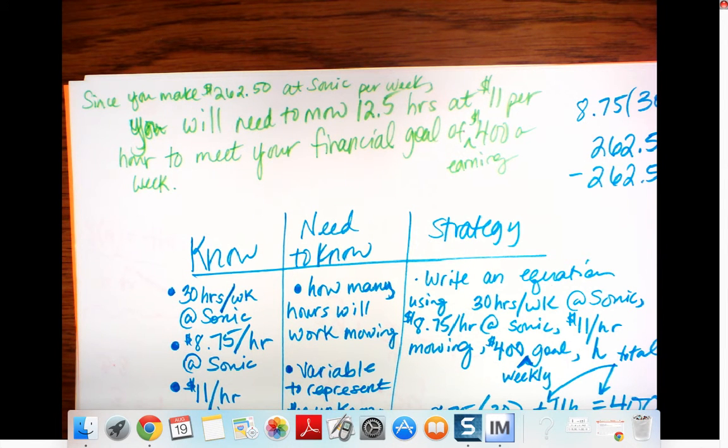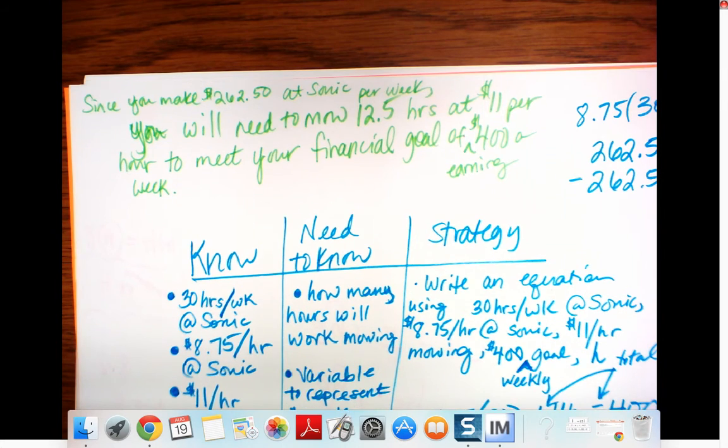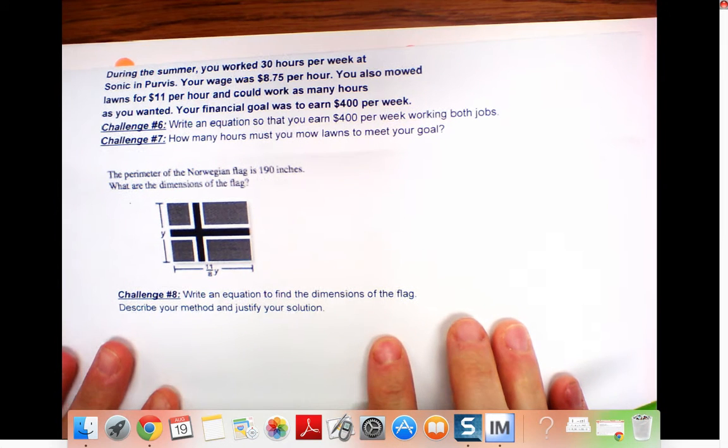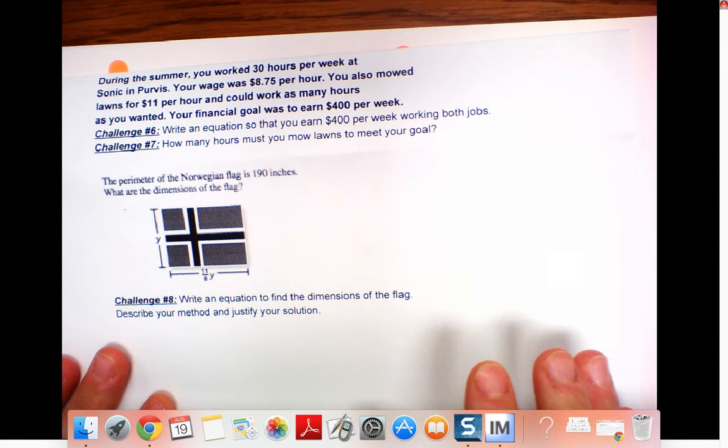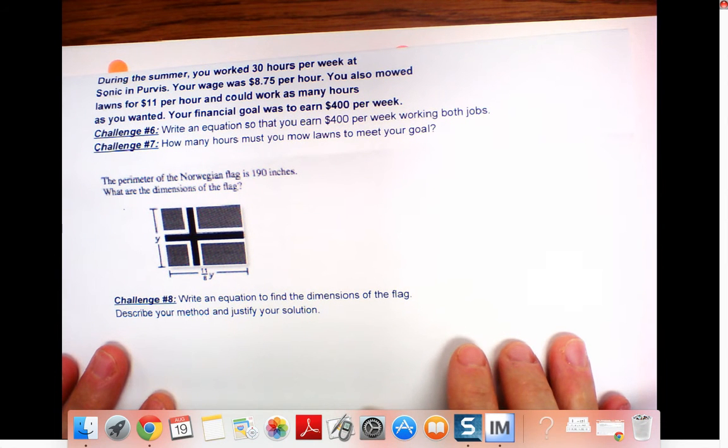Now I'm going to go to challenge 8. The perimeter of the Norwegian flag is 190 inches. What are the dimensions of the flag?